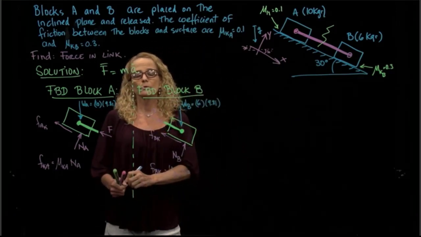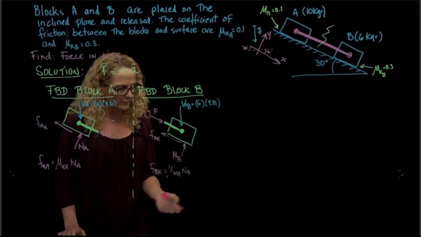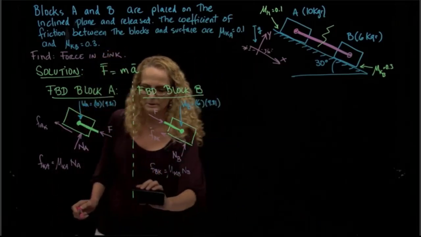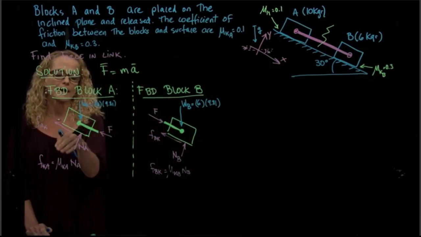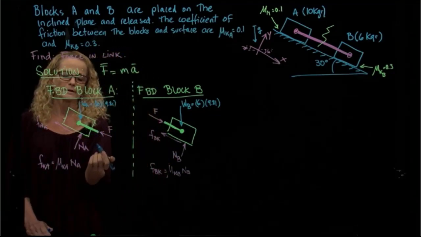So those are my two free body diagrams, and then I have to do my equations of motion. I will try to do it right here because I don't have that much space, but if I add my forces in x and y directions from both diagrams, I can solve for the forces.